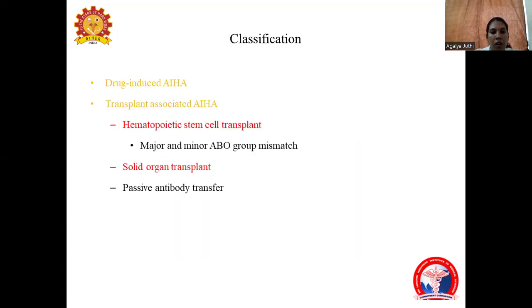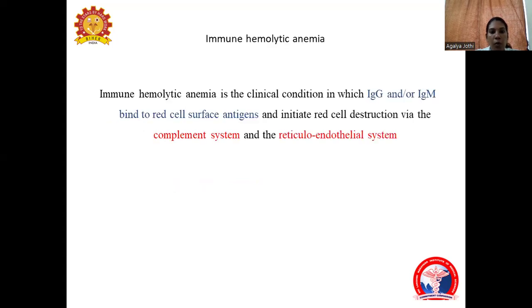Other classifications are drug-induced autoimmune hemolytic anemia, transplant-associated autoimmune hemolytic anemia, based on hematopoietic stem cell transplant, minor immune solid organ transplant, and passive antibody transfer.